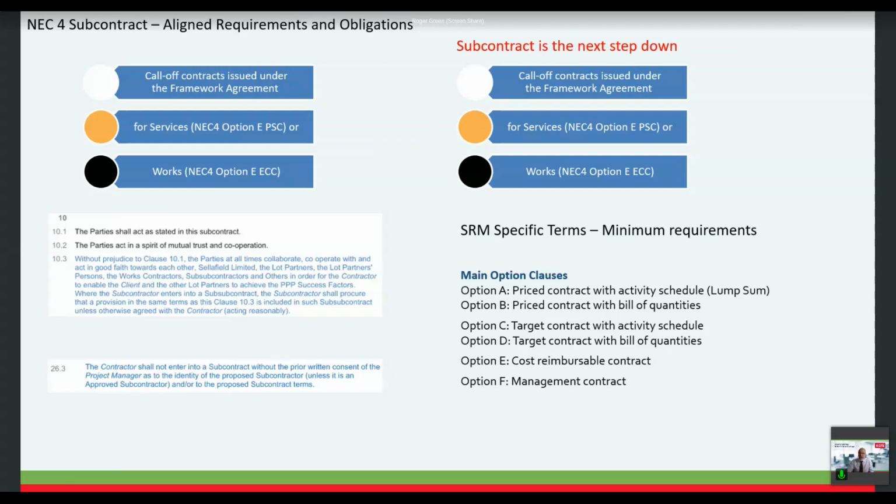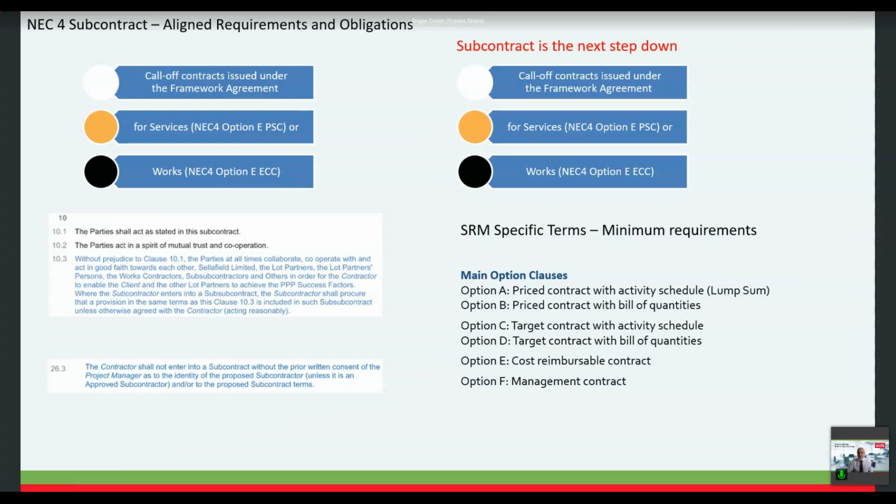The only exception in our particular case, Sir Robert McAlpine under KDP 8, is that we do have some SRM specific terms, and they are, as you would expect, to do with health and safety. So we have certain minimum requirements that we also require on top, with some definition around the contract. So it's effectively the way that you work on site beyond what the PPP is requiring as part of the framework.